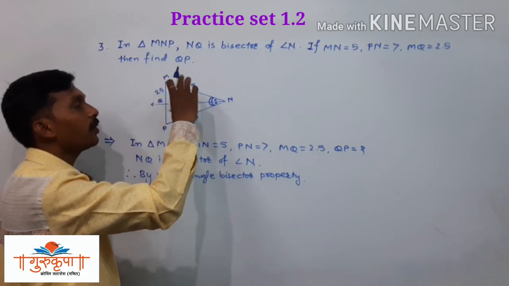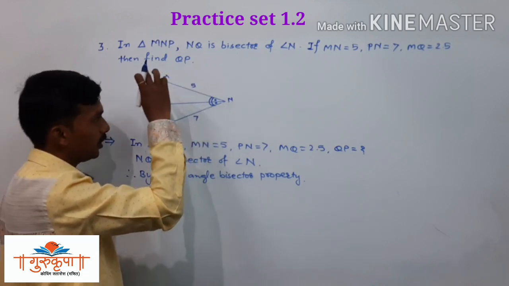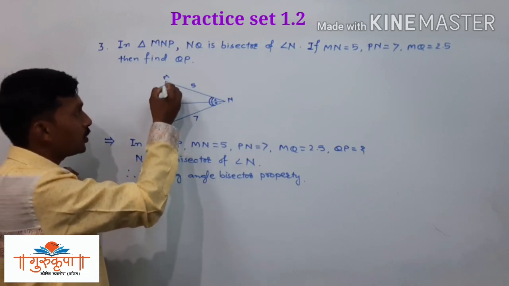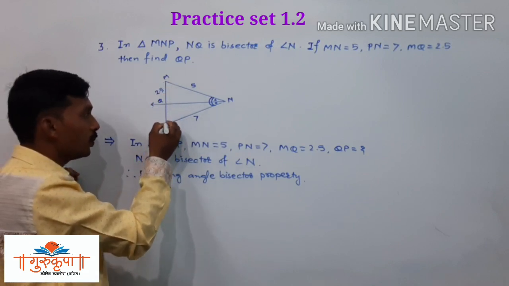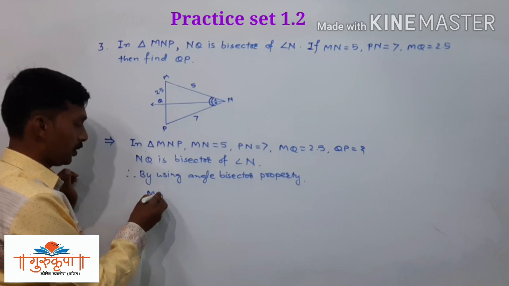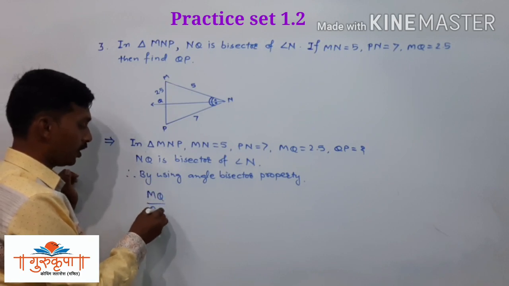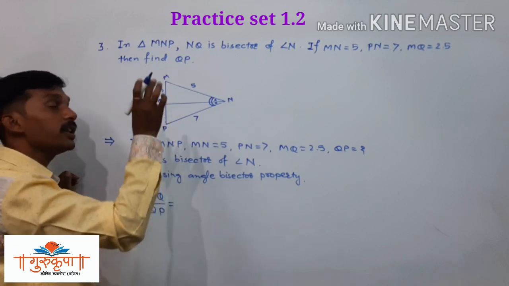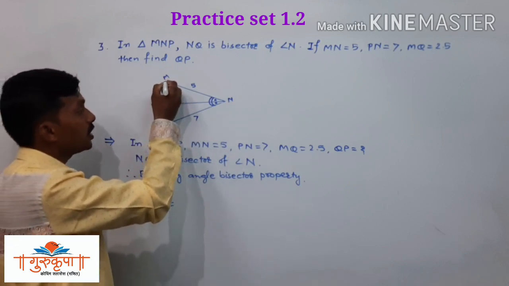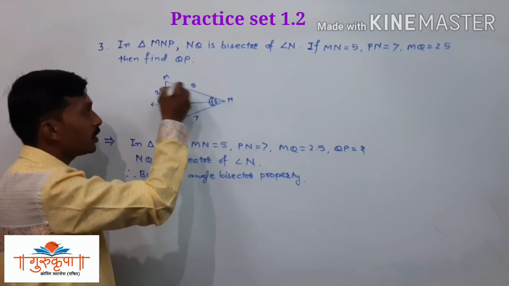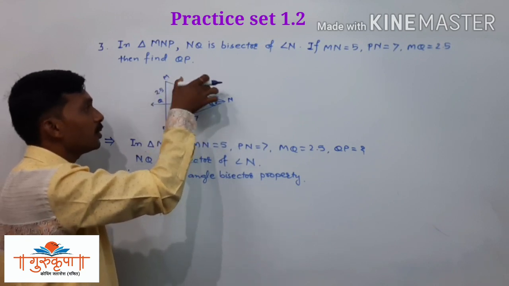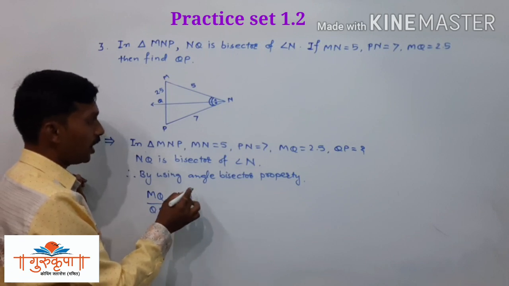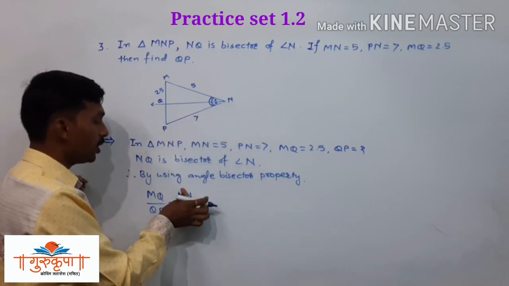It depends upon the first ratio how to write the second ratio. Suppose you write the first ratio as MQ upon QP. While writing the second ratio, see the corresponding side of MQ is MN, so we have to write MN in the numerator, and then we have to write PN in the denominator.